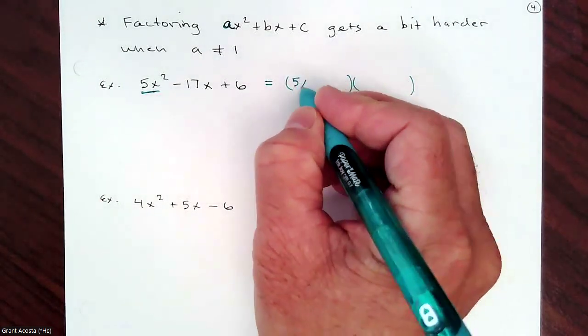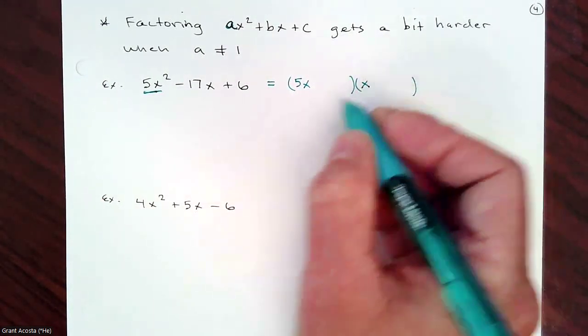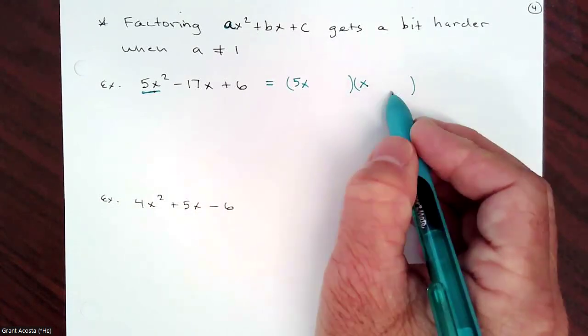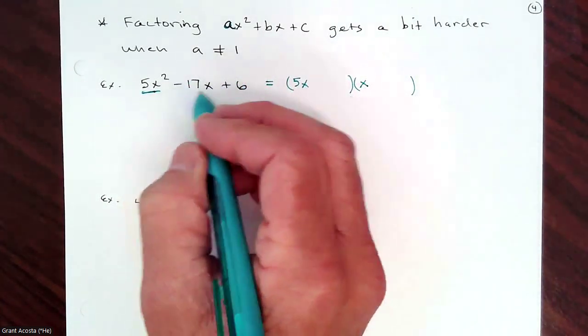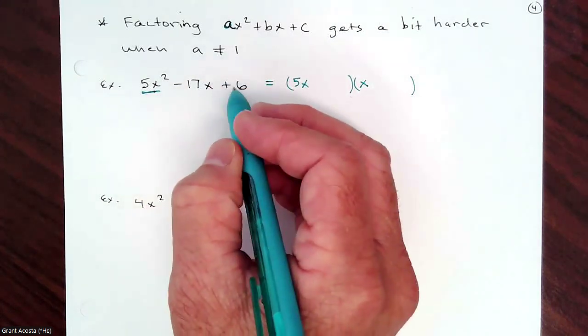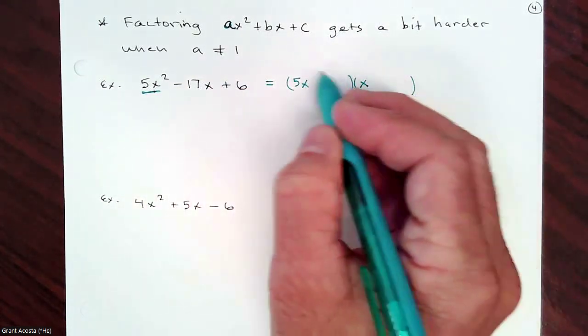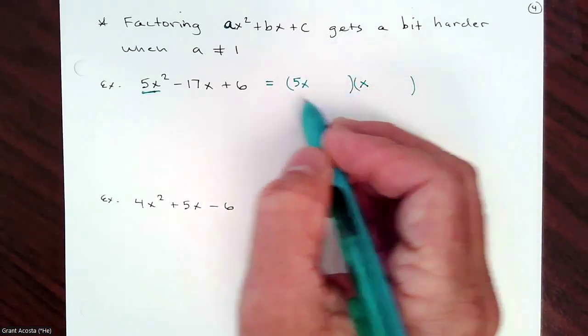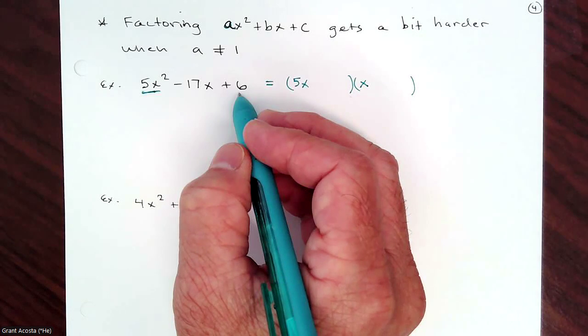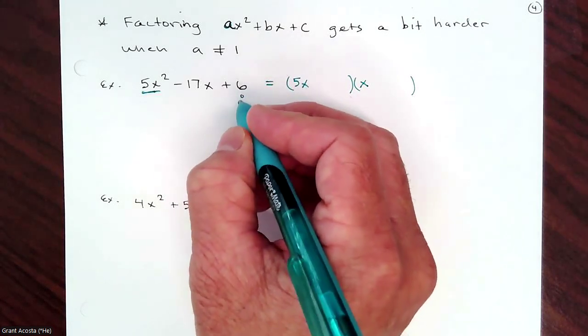The only way to do that is 5x and x. And the last two terms have to multiply to give me 6, but I'm no longer thinking of factors of 6 that add to negative 17. Why? Because whatever number I put here, if I were to multiply it out, I'm going to multiply it by 5. So instead, I'm just thinking about the factors of 6.